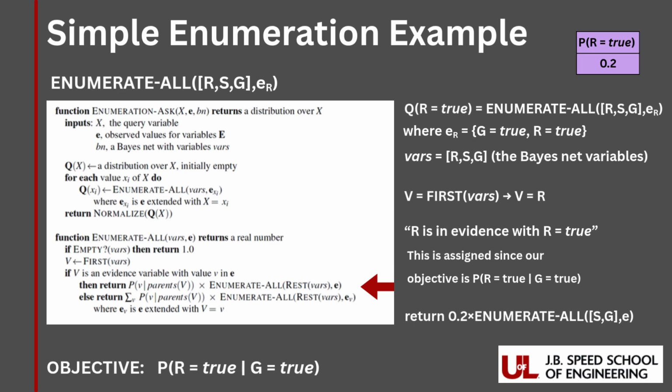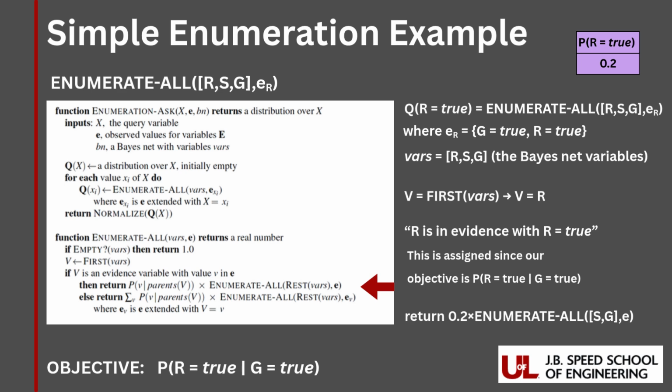All right, and so our first variable is that it rained, and since we're trying to find the probability that it rained, we're going to say that R is in evidence with the value v.